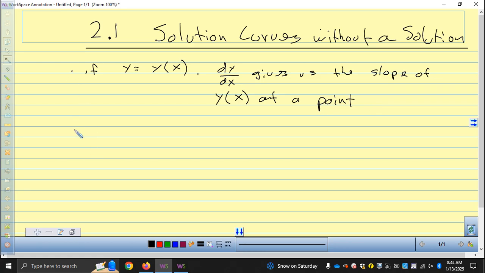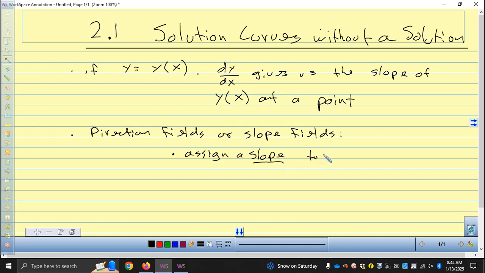So in general, for what we call direction fields, or slope fields, we assign a slope to points in the plane, and then we draw small segments at those points.